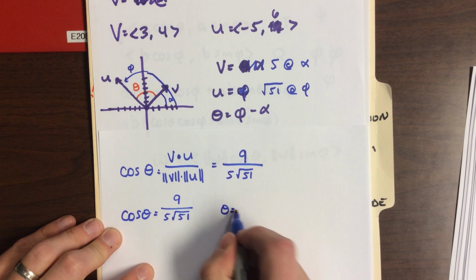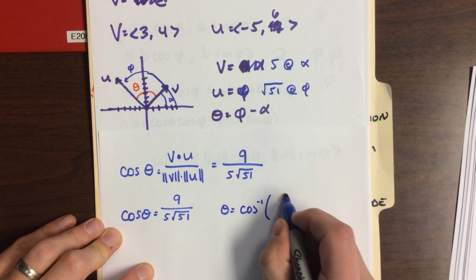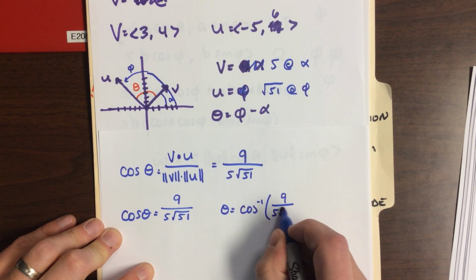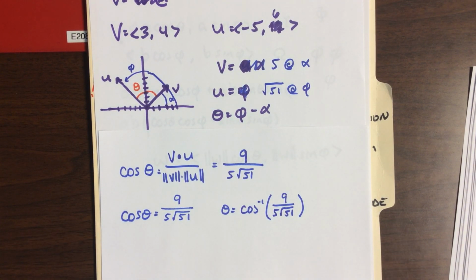Or our angle between the two is cosine inverse of 9 over 5 root 51. And then you can plug that into the calculator and get that. We could make the triangles. There are other ways of doing it. This is one way.